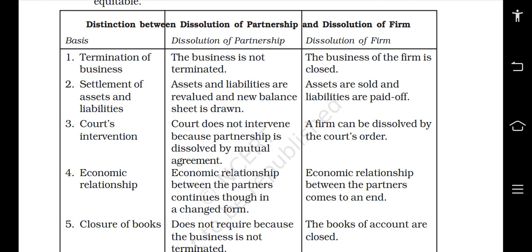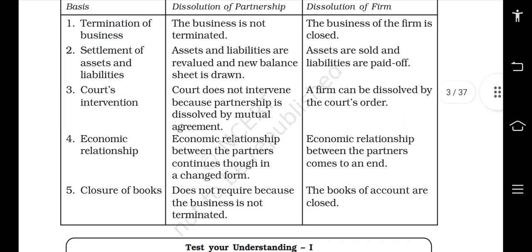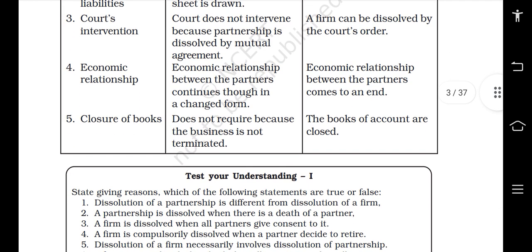But in the case of dissolution of firm, assets are completely sold out and liabilities are settled. In one case, the business is wound up; in the other, the partnership deed is changed. And the court does not intervene in the case of dissolution of partnership, but a firm can be dissolved by the court's order.